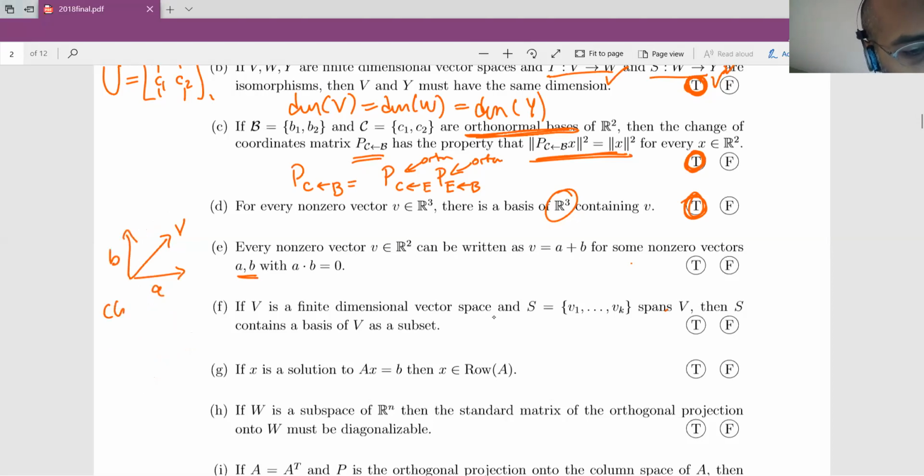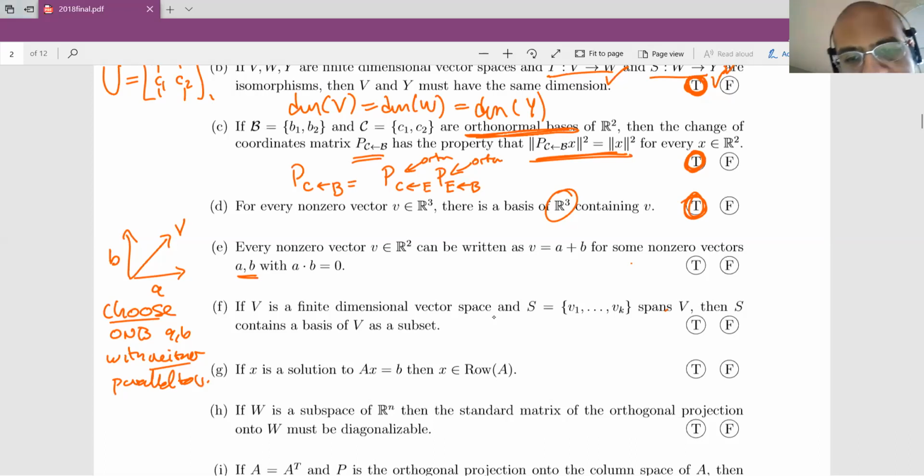So choose orthonormal basis A, B with neither parallel to V. And then when you do the expansion, you will get this, and neither will be 0.